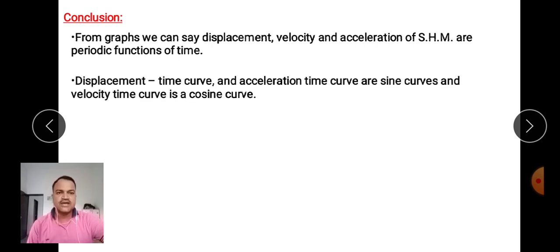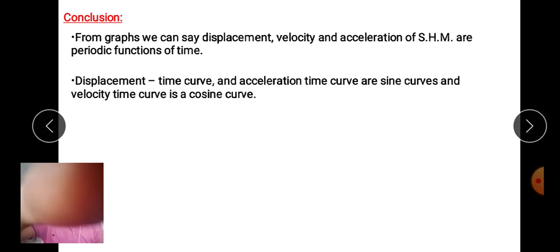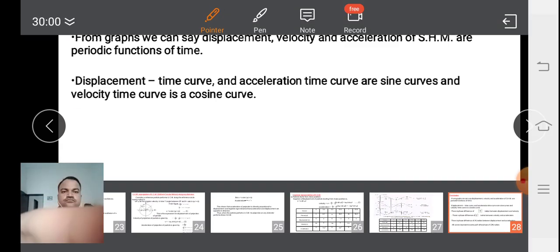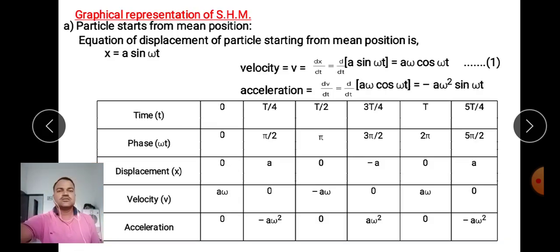The displacement time curve and the acceleration time curve are sine curves, and the velocity time curve is a cosine curve, because in this formula, for displacement and acceleration, sine terms are given, and here also a sine curve.